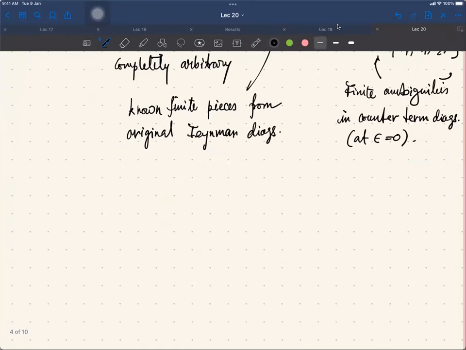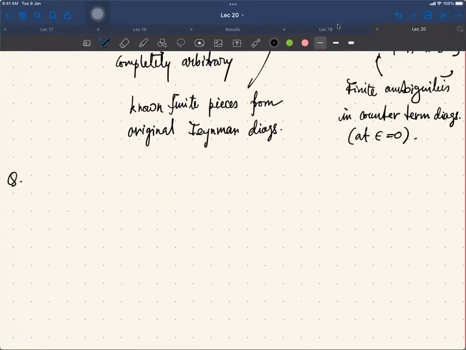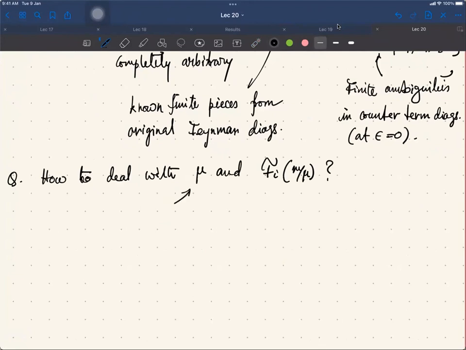So the question is, how to deal with mu and these finite ambiguities. The answer to this mu question is that it can be identified with the overall energy scale.